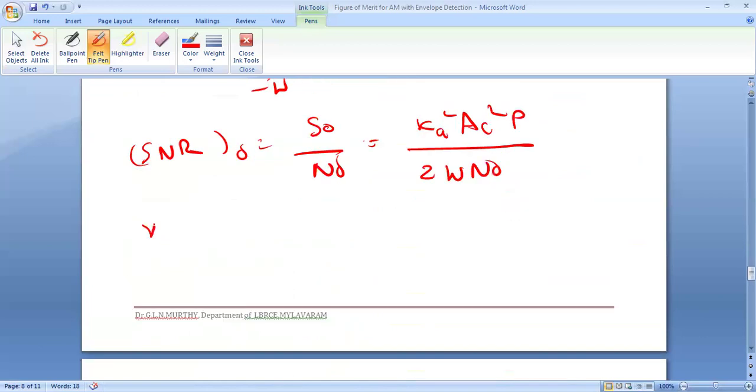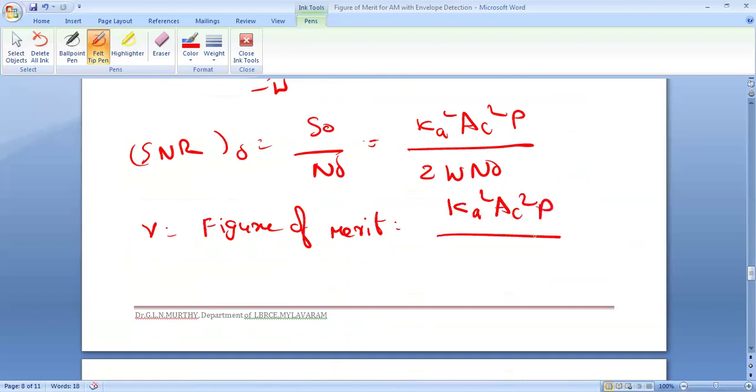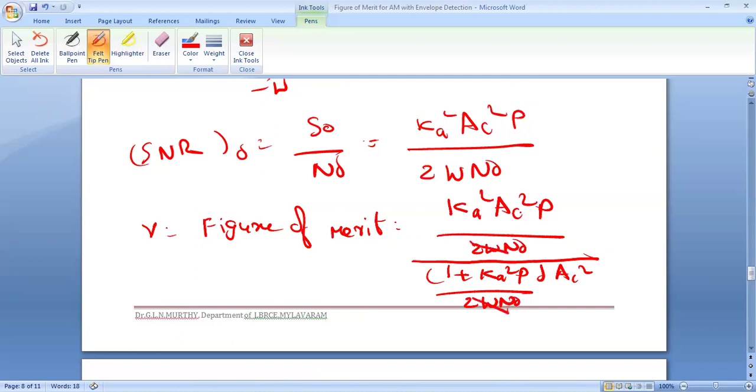Now what do you want? Gamma or F, the figure of merit, equals the output SNR, Ka square Ac square P by 2W N0. What about the input side? 1 plus Ka square P into Ac square by 2W N0. 2W N0, W cannot cancel.